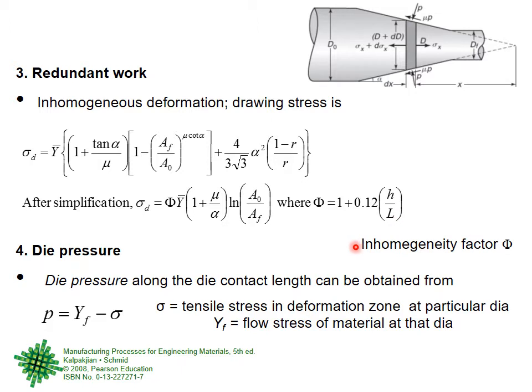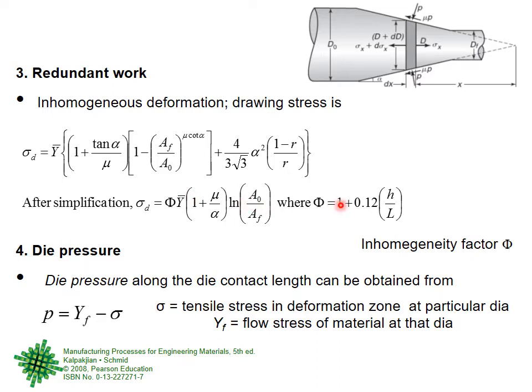This phi is called the inhomogeneity factor, because this is inhomogeneous deformation, the redundant work, not homogeneous deformation. This is after simplification: you open it, take all the terms, see if something cancels out. So this is 1 + 0.12 h/L, multiplied by the rest of it.